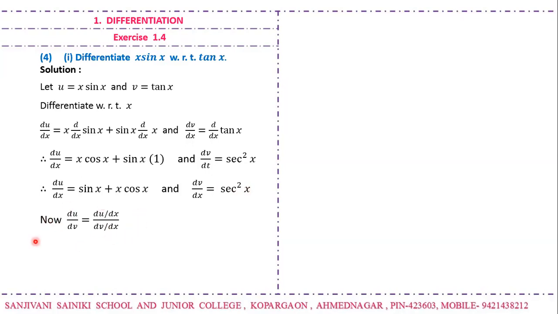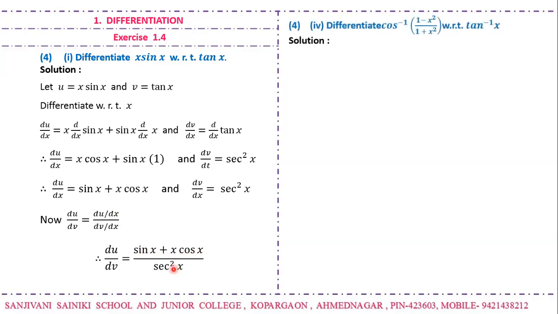Using parametric differentiation, du by dv means the derivative of u with respect to v, that is, the derivative of one function with respect to another function. So we put those values: sin x plus x cos x upon sec square x.